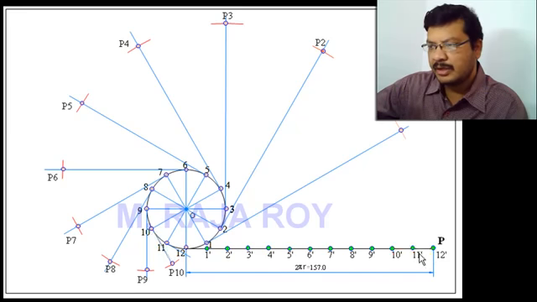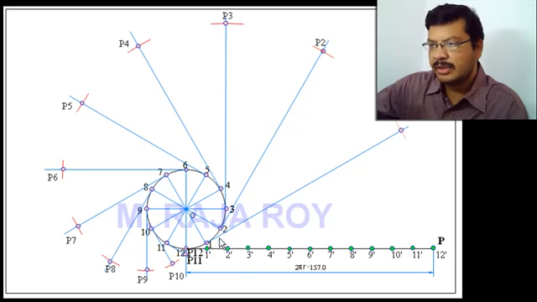for P11 you take the small distance as radius. P to 11 dash, 11 as center. Draw an arc, you will get P11 point here. P12 and point 12 on the circle both will coincide. This is P12.